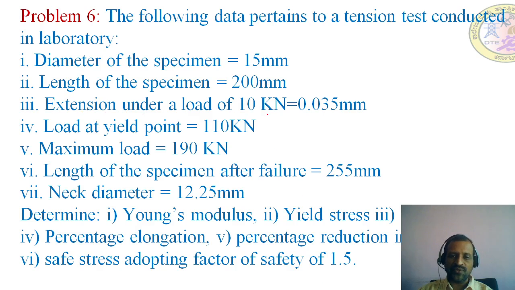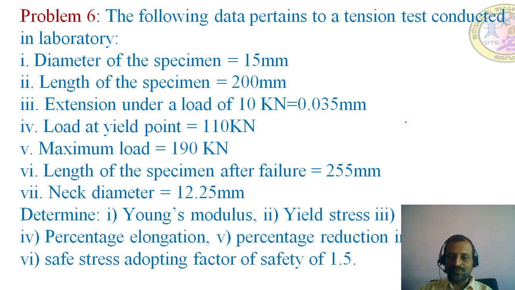Extension under a load of 10 kilonewton is 0.035 mm. Load at yield point is 110 kilonewton. Maximum load is 190 kilonewton. Length of the specimen after failure is 255 mm. Neck diameter is 12.25 mm. Then what he is asking: determine Young's modulus, yield stress, ultimate stress, percentage elongation, percentage reduction in area, safe stress, adopting factor of safety of 1.5.